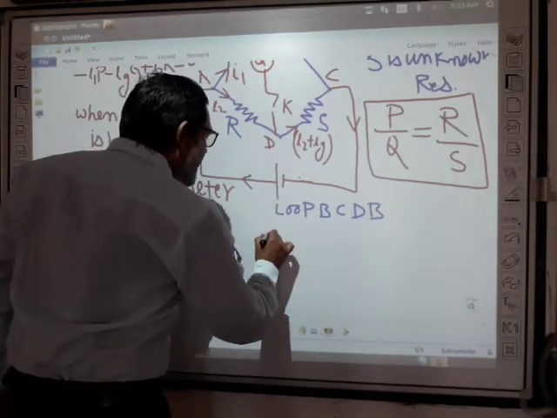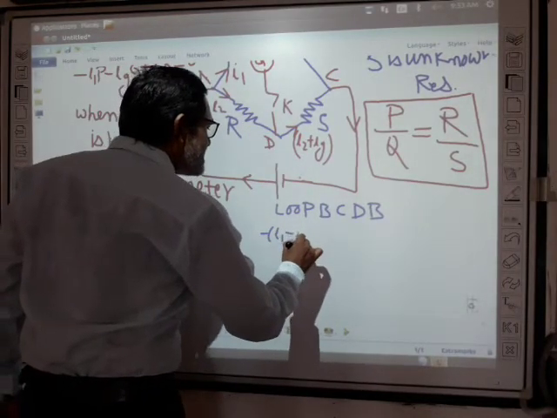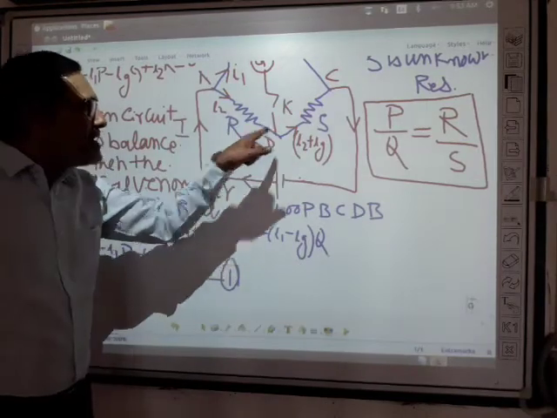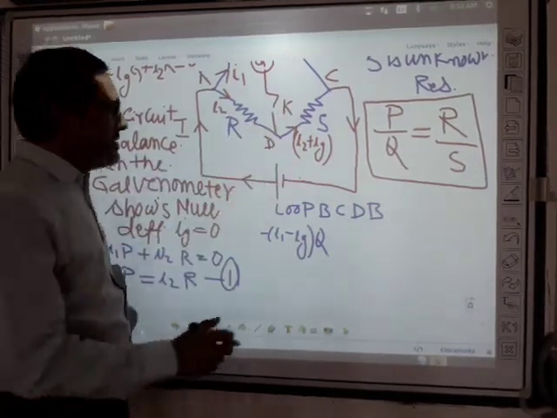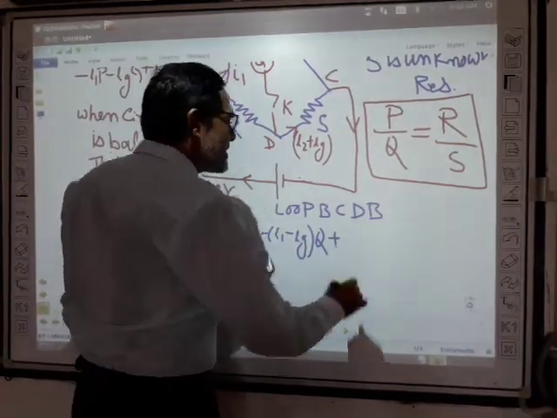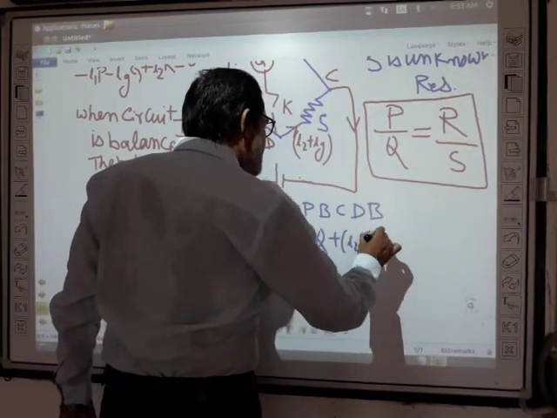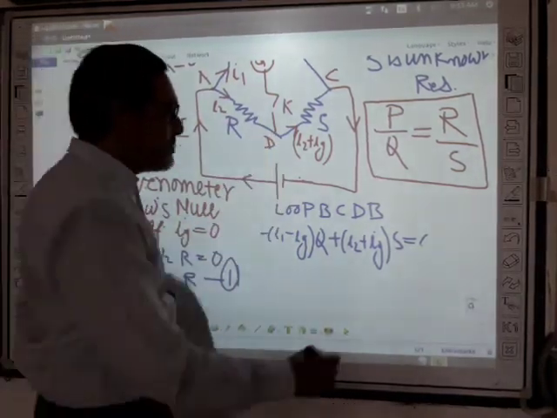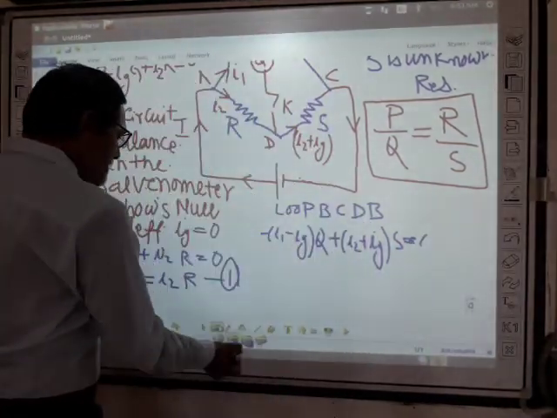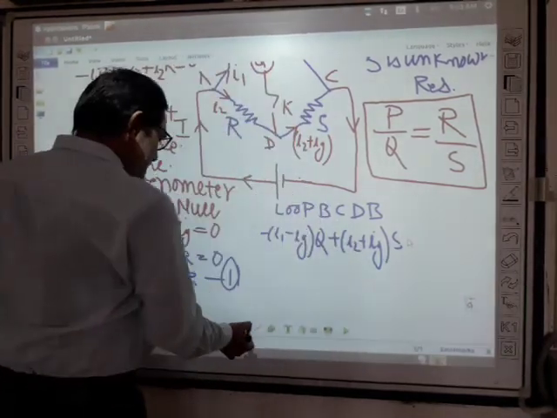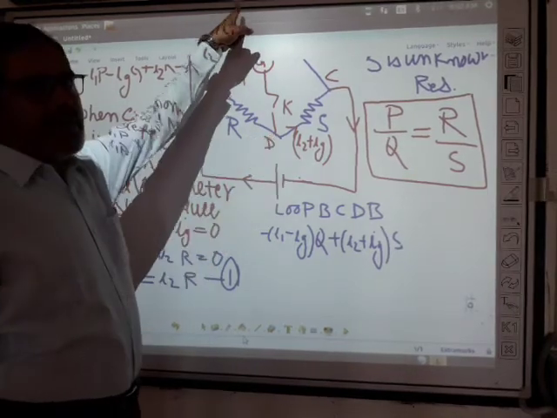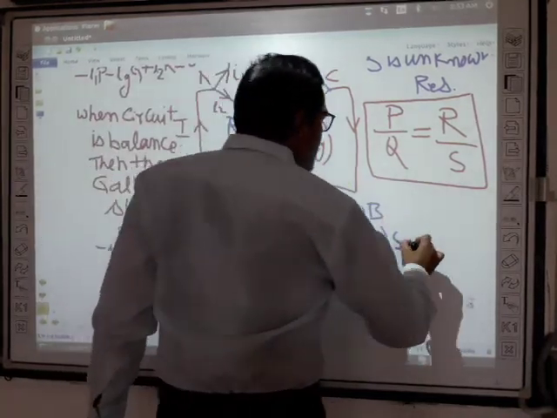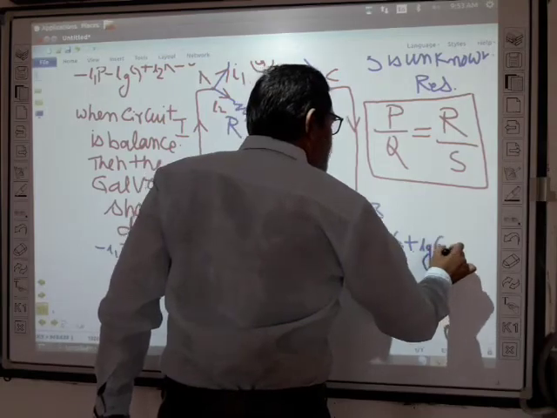So minus (I1 minus Ig)Q, reaching at C. Then C to D, opposite to the direction of current, so plus (I2 plus Ig) into S is equal to, reaching at D. Now D to B, only current Ig through galvanometer G, opposite to the direction of current, so plus IgG is equal to 0.